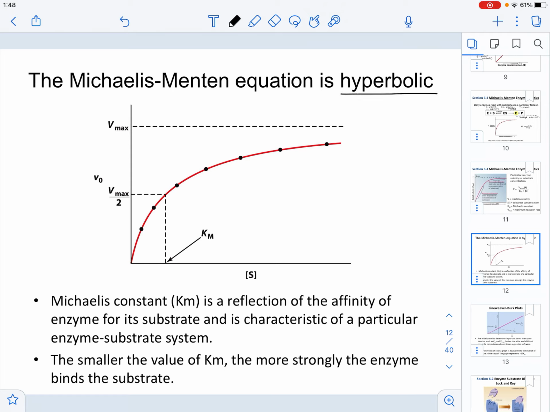Then after the reaction has happened, whatever the enzyme is going to catalyze, in this case illustrating a cleavage, we have products that are released and we regenerate the enzyme.